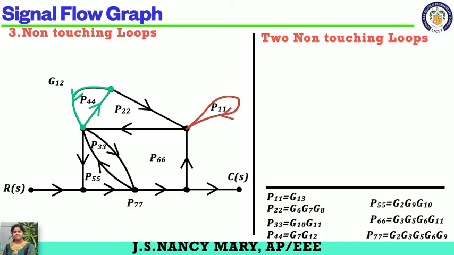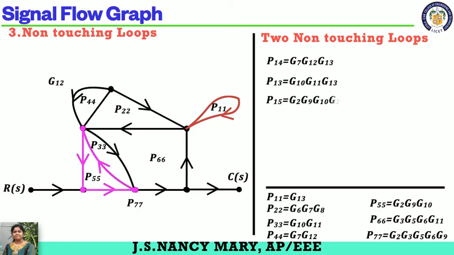I am naming it P14, which is nothing but G12, G7 and G13, which is given below. Then the next non-touching loops are P11 and P33, so P13 is G10, G11, G13. And then we have one more pair of non-touching loops, P11 and P55, so P15 is equal to G2, G9, G10, G13.